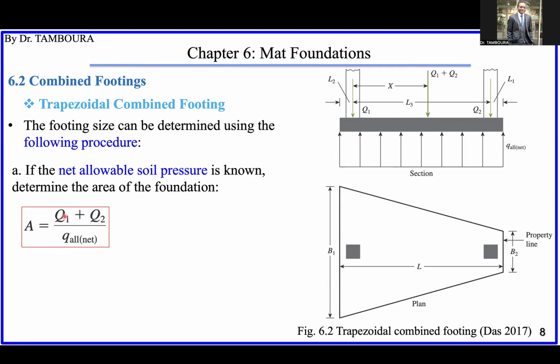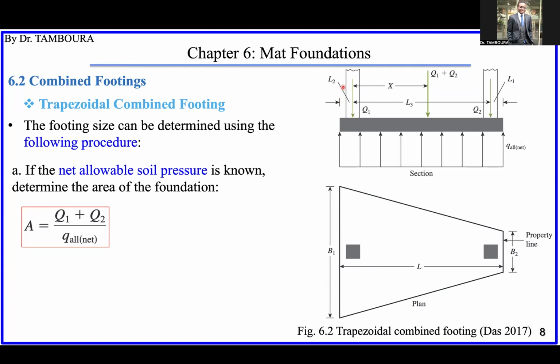I already explained here multiple times the meaning of capital letter Q and small letter q. Capital Q means forces in Newton or kilonewton, but small q means pressure, for example Newton or kilonewton per square meter. So when you take Newton or kilonewton divided by this, you will get area.